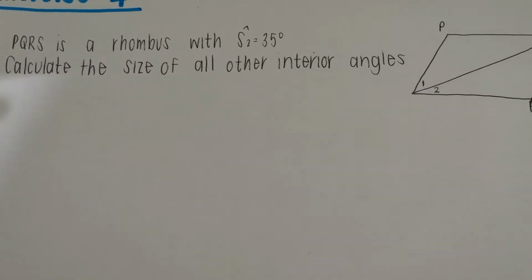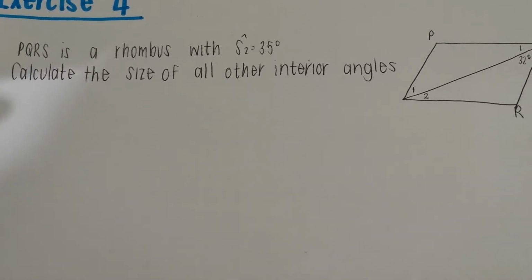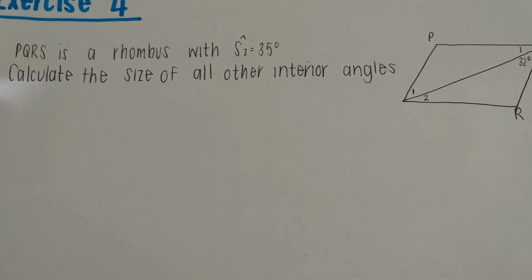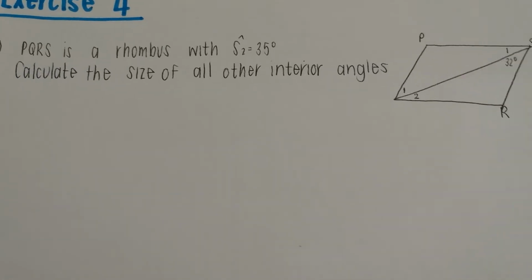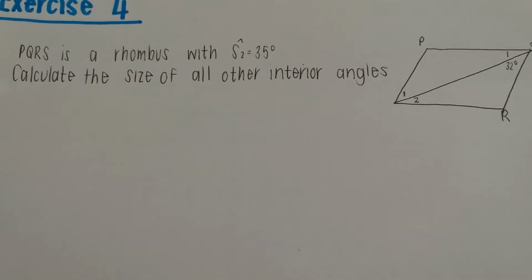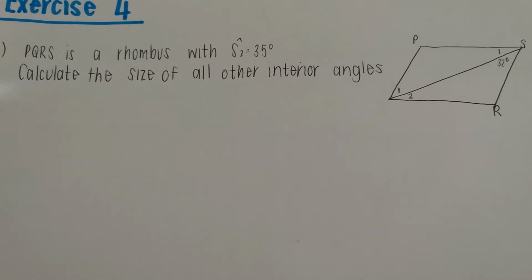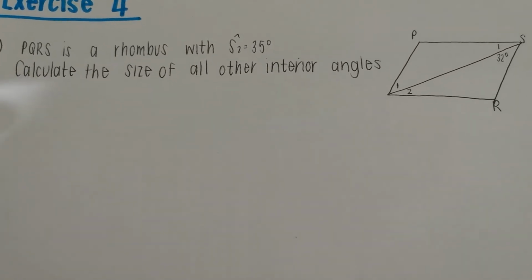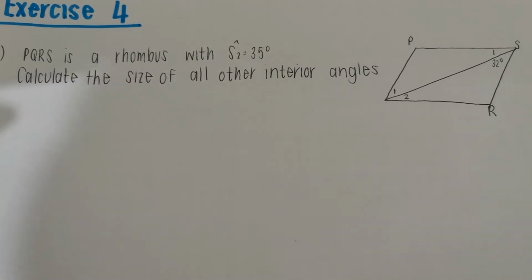I also told you in class that the properties of a rhombus and the properties of a rectangle combined give us the properties of a square. I said it's like the rhombus and rectangle had a baby, so it got the properties of a rhombus and of a rectangle. The square has all sides equal, the diagonals intersect at 90 degrees, and the angles are all 90 degrees. So those are very important things to remember.